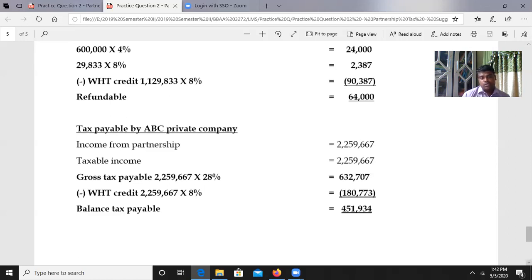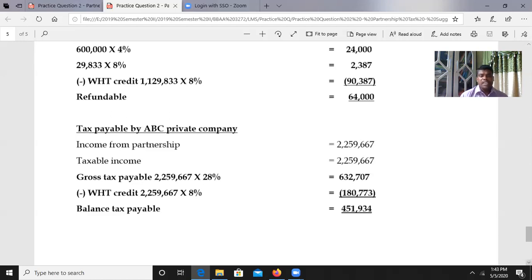So you should apply the appropriate percentage according to the types of company. In this example, I applied 28%, because there are no details about the company. If we know the types of company, then we can apply the appropriate percentage for the company.